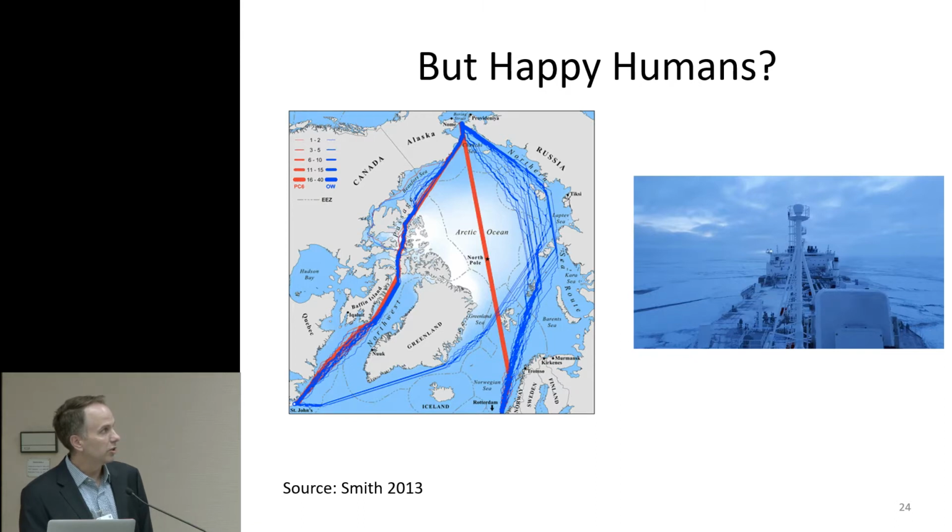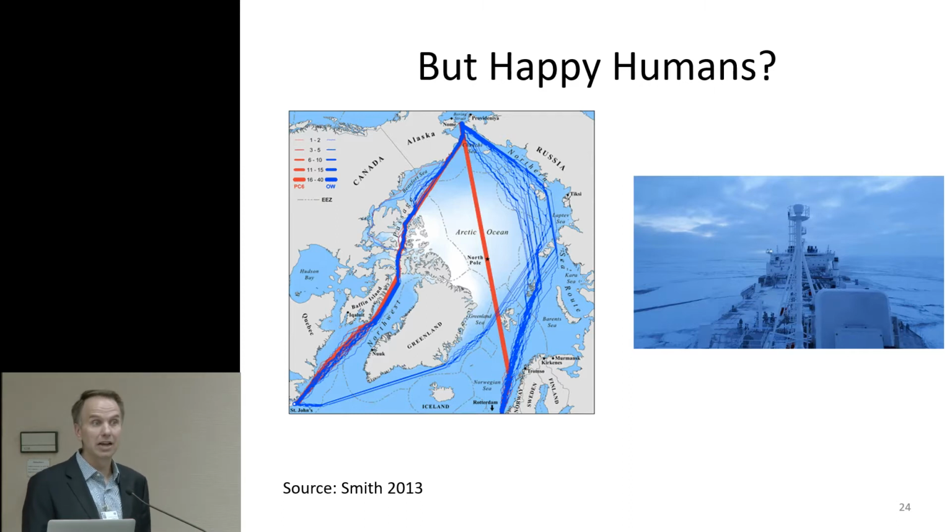Those non-icebreaker ships will be able to move closer and closer in, so therefore shorten their routes across the Arctic. If you have an icebreaker, in the red, they're projecting that by 2050-ish, there will be some that will be able to make those traverses in September of the Arctic, right?